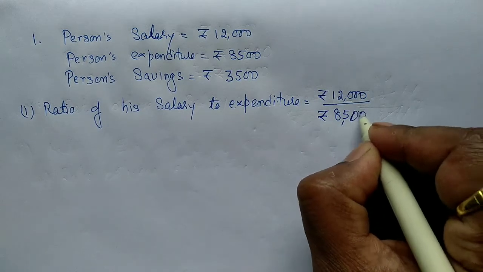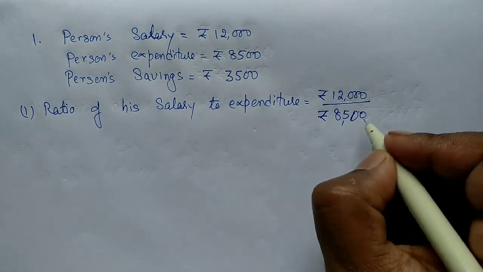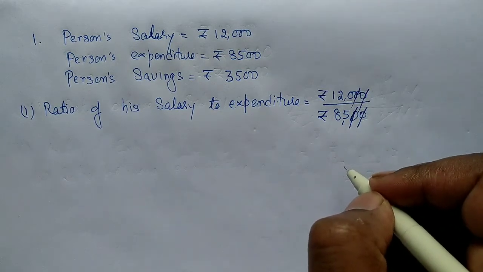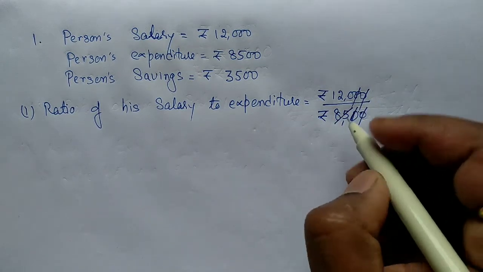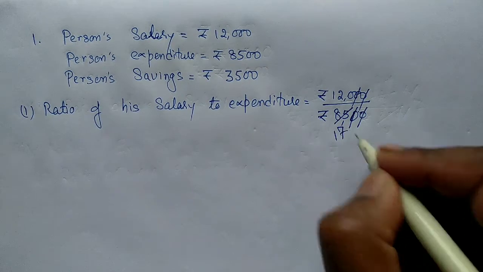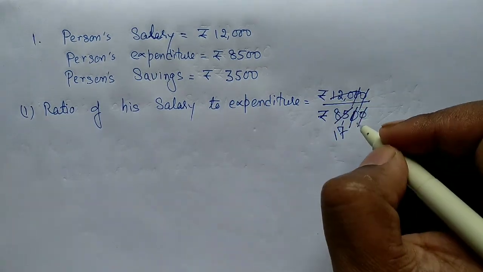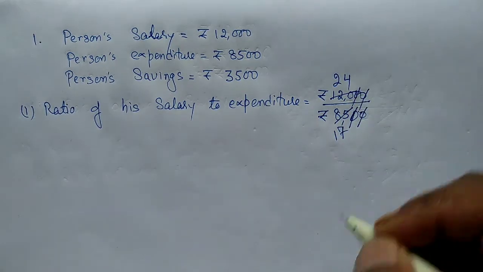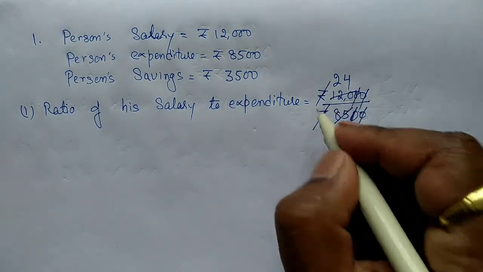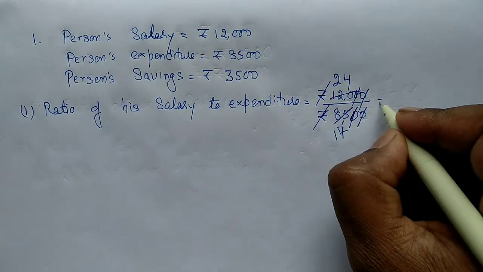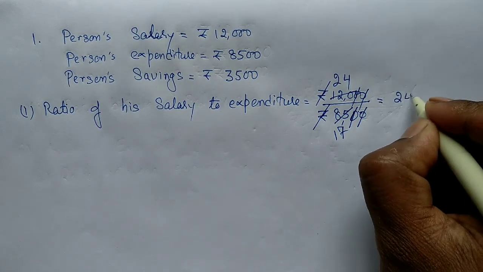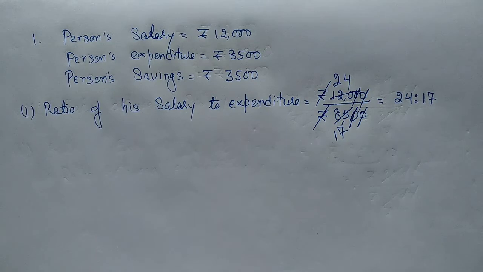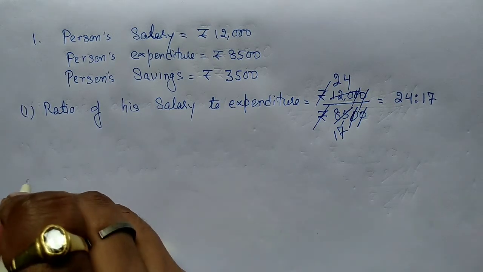Now we are supposed to cancel this, 0 and 0 get cancelled, again 0 and 0 also get cancelled, so I think we can cancel this by 5, it goes 17 times, and this also can be cancelled by 5, it will go 24 times. Please try the cancellation, and rupees also gets cancelled. So what will be the answer? The answer will be 24:17. So we can go to number 2.